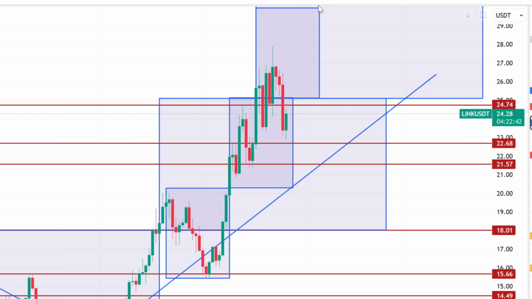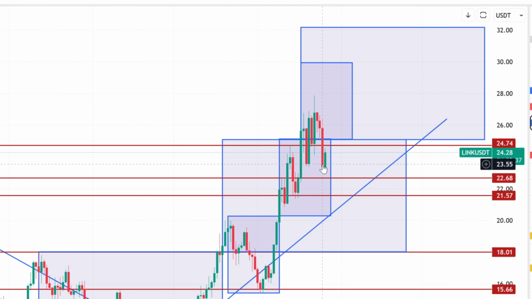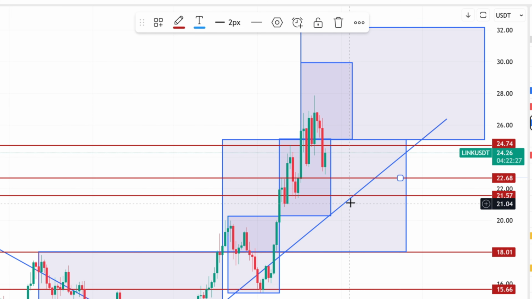That just means we are not going here until the mentioned time window, but potentially we will make another drop, go to another support level. You can see right here they are drawn in the chart. The next one is this one, 22.68, then we have 21.57, then we also have the trend line right here. So we have several support levels right here, and potentially we will also visit some of them.